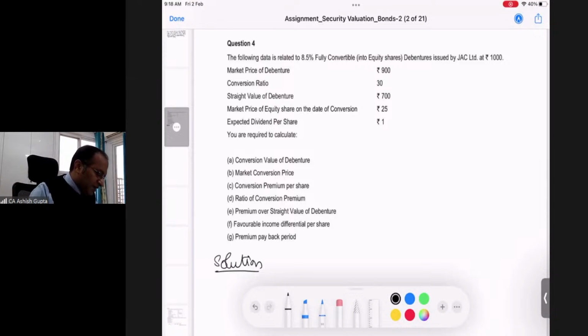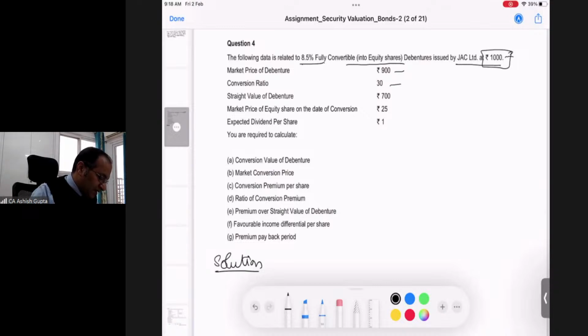Now this question is like that. The following data relates to an 8.5 fully convertible loan, if you buy it back at rupees 1000. The market price here, although the face value is 1000, is available at 900.